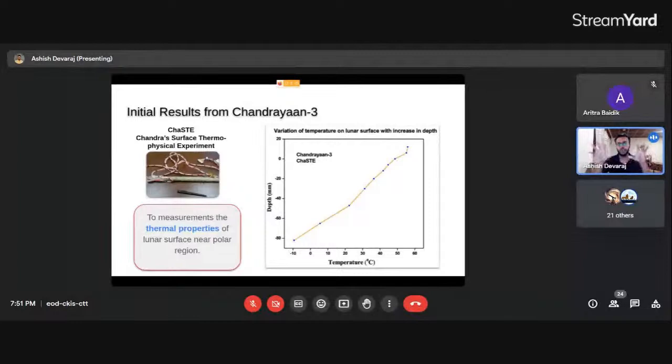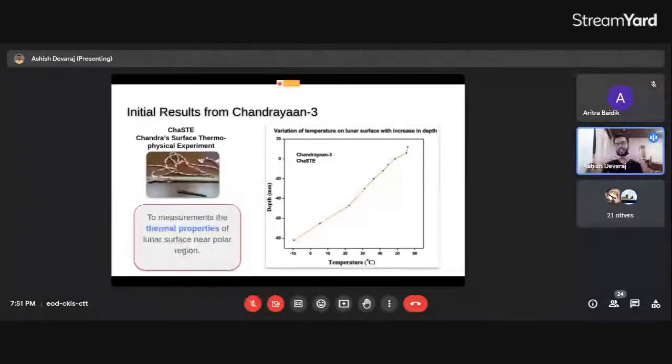We need to do thorough analysis on this, but the initial results suggest that if the temperature drops so low within a very small depth, maybe the surface of the moon can hold more water than we thought earlier, because at minus 10 degrees Celsius, water can freeze, right?